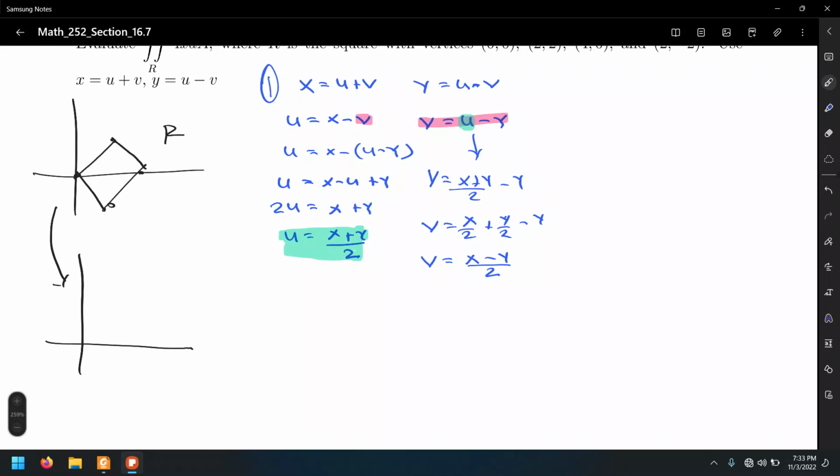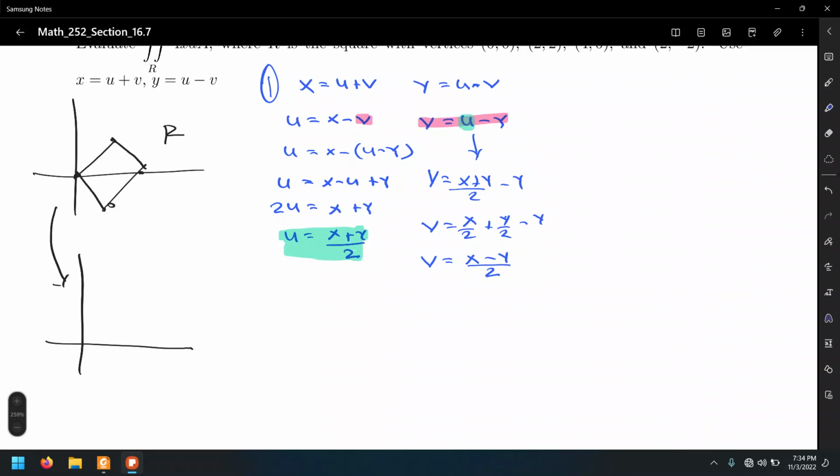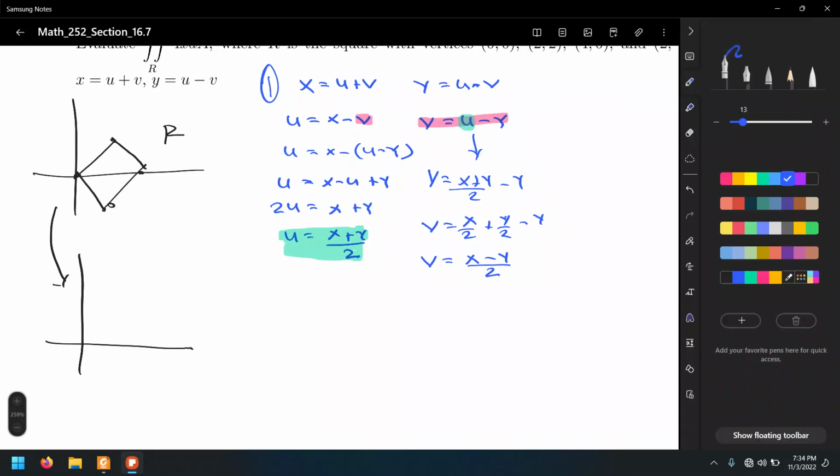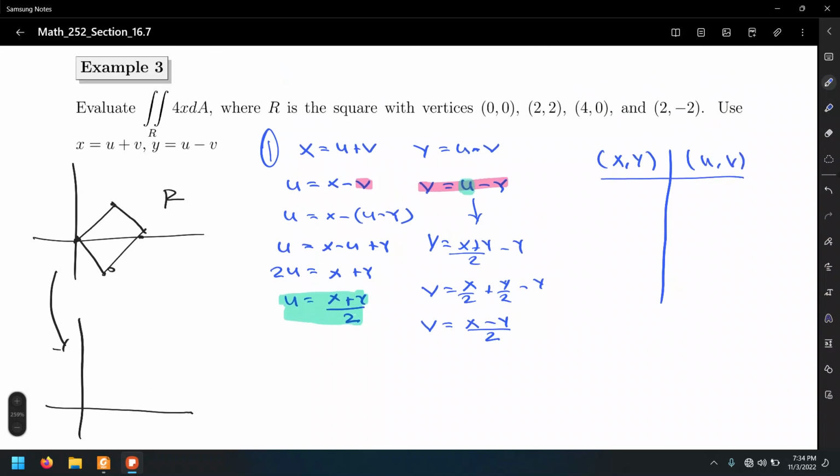All right, so I'm going to make a table on the right side. That is x, y, u, v. I'm going to list the ordered pairs: (0, 0), (2, 2), (4, 0), and (2, negative 2).